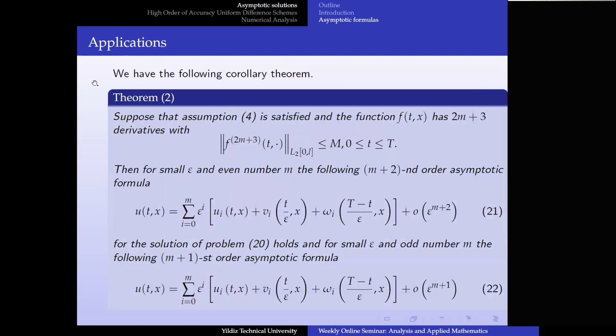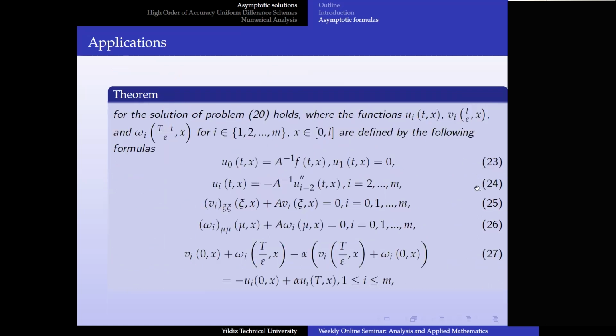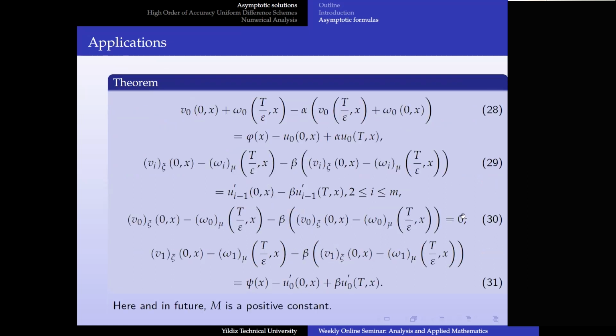For this problem, we have the following corollary. In this corollary, the formula is almost the same, but in this norm space we are in L2, L2 of 0 to L, with formulas 21 and 22 in the statement of the theorem.